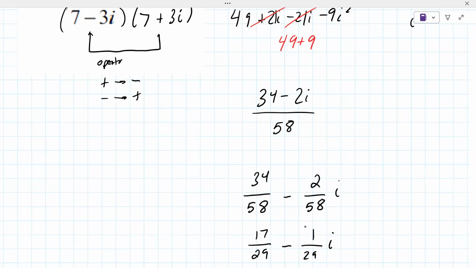Something like that. Actually, let me check this one with another piece of software I've got. The teacher's not doing you any favors here by making these nice. Yeah, that is the correct answer.